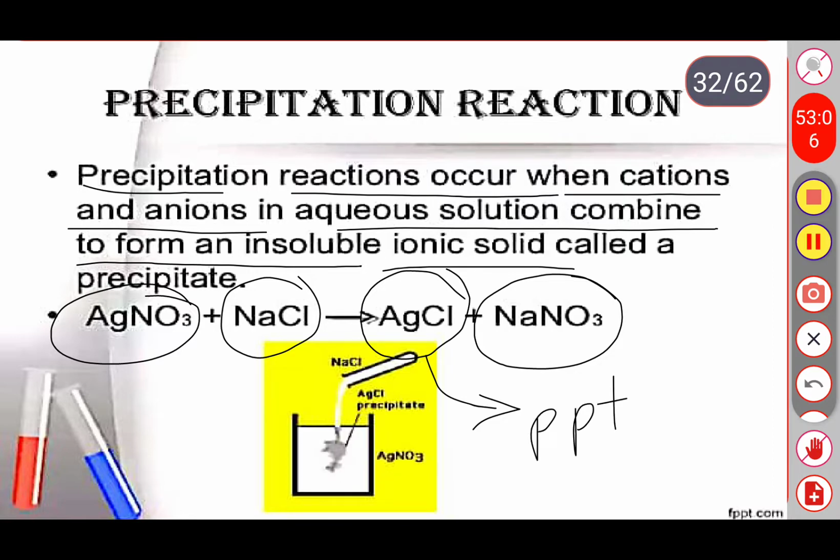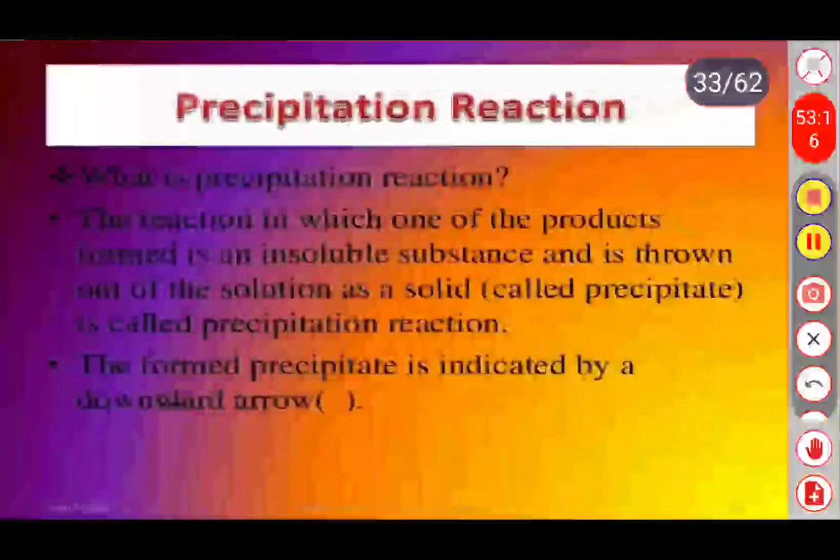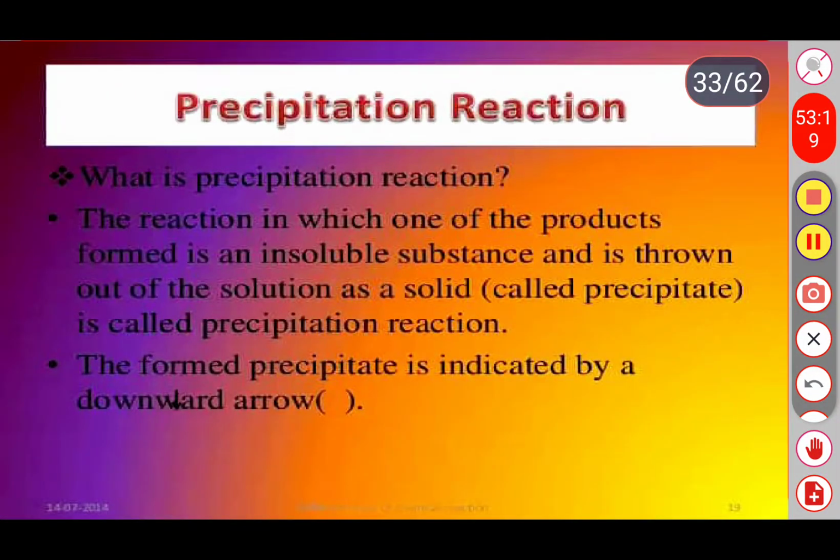See, some more information is given about the precipitation reaction. The reaction in which one of the products formed is an insoluble substance and is thrown out of the solution as a solid is called a precipitation reaction.